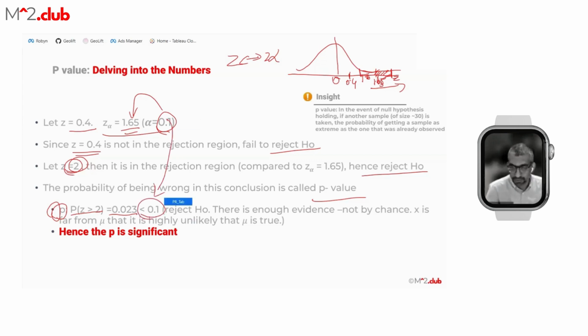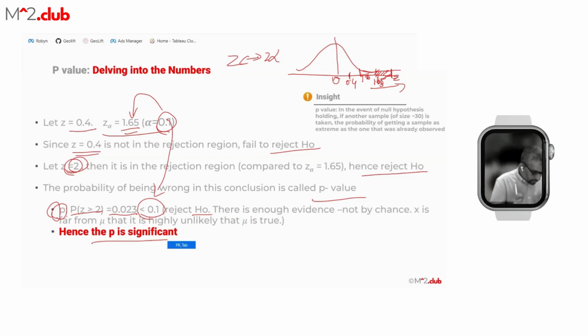In this case, we will reject H naught because there is not enough evidence that the value we obtained is by chance. It is really far away truly. But just in case the p-value that we computed was greater than 0.1, then there's a chance that by chance we made that decision. So the p is not significant in that case, but in this particular case, the p is significant.